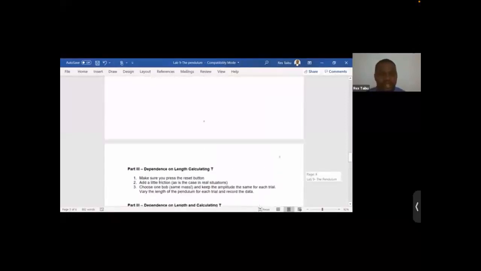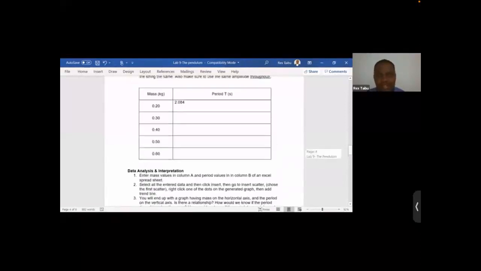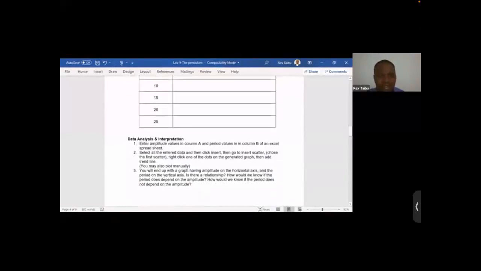For the second one, your period will be on the y-axis and your mass will be on the x-axis. For the first one, your period will be on the y-axis as usual, but on the x-axis you have the amplitude.